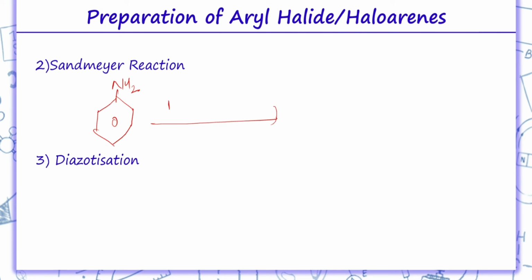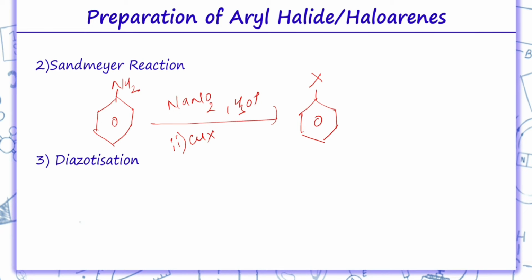Aniline reacts with NaNO2 in acidic medium, and then it reacts with copper halide. Whatever halide we take here, we get that halide. Suppose I take CuBr, we will get bromobenzene. If I take CuI, we will get iodobenzene.